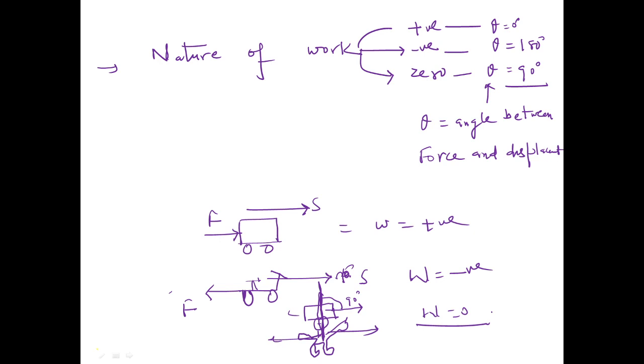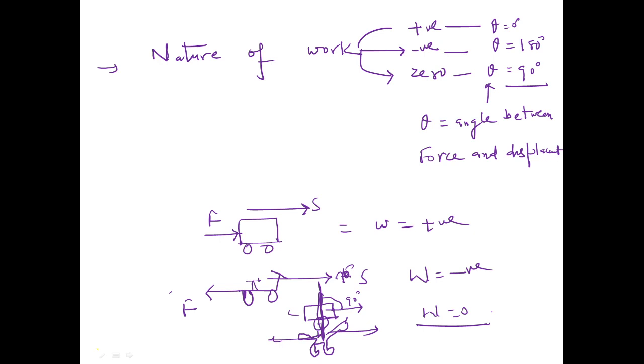Regarding positive work, I want to tell all of you that work done is said to be positive if the force applied on an object and its displacement are in the same direction, or the angle between the force and displacement of the object is less than 90 degree, a so-called acute angle.